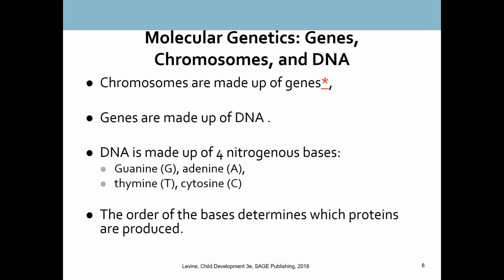If there were 1,000 for each pair, that would come out to 23,000 genes, and we know that's in the ballpark. Certainly some chromosomes have more genes than others, but roughly you can imagine about 1,000 genes making up a single pair of chromosomes.